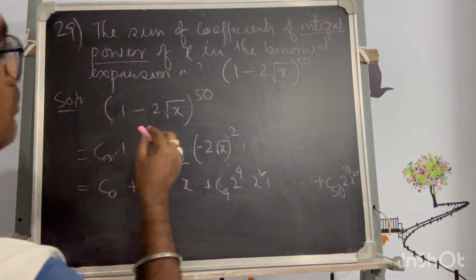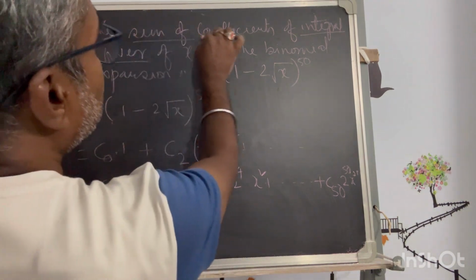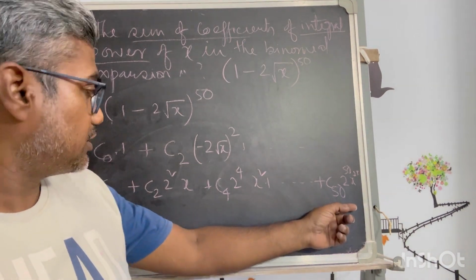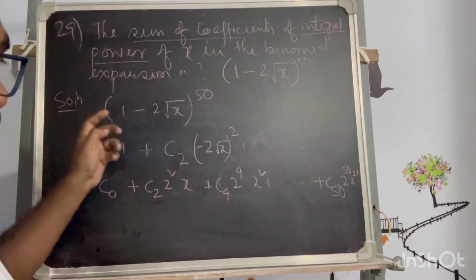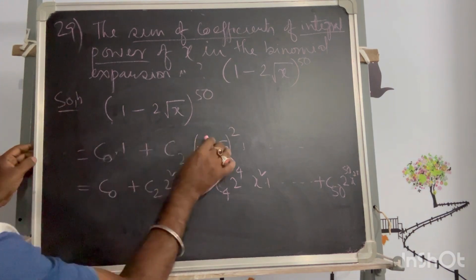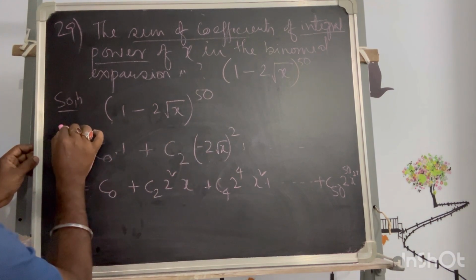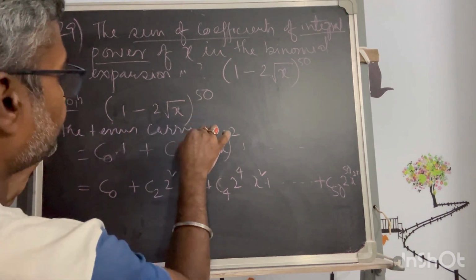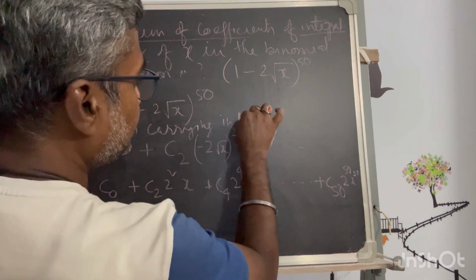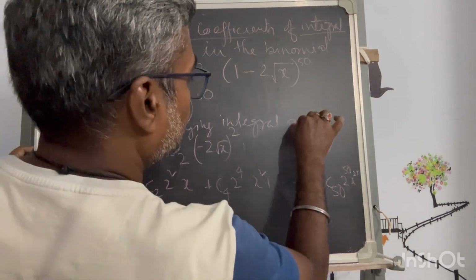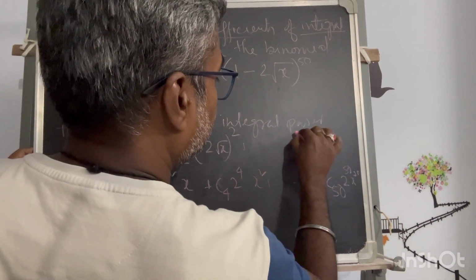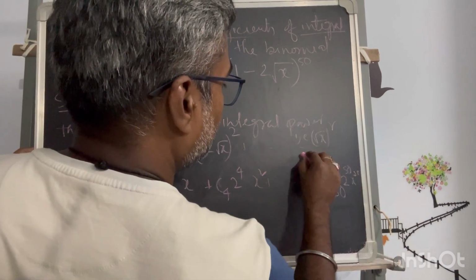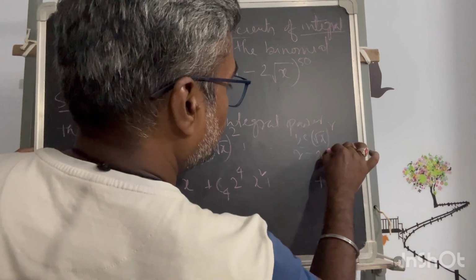Now what you need is the sum of the coefficients of the integral power. So integral power, you have already understood what things will come in this expansion. So this is not the expansion of this, only the terms carrying integral power, that means any power to the power r, where r equals an even number.